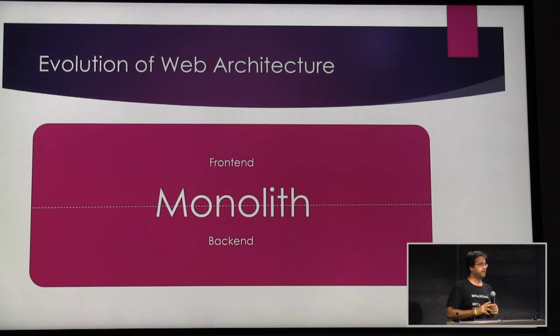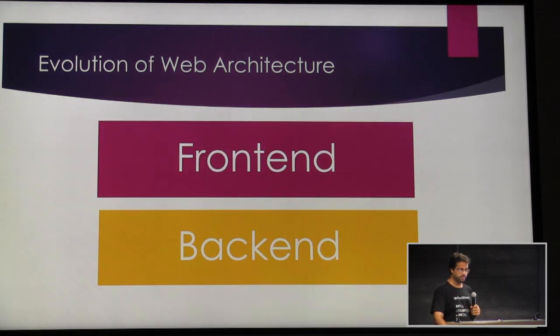And that worked fine, and that still works fine for small to medium applications. But when it starts growing big, you kind of start thinking about how to separate the front end and the back end. And that led to this architecture, where we have a dedicated team for front end and a dedicated team for back end.